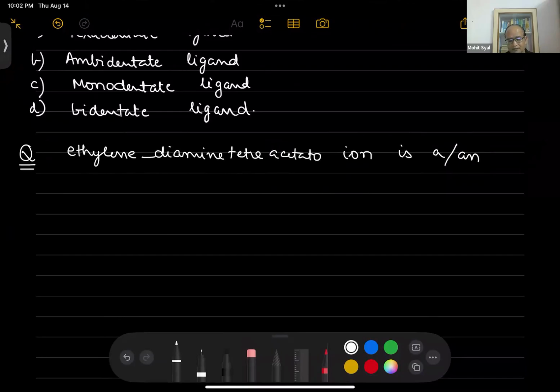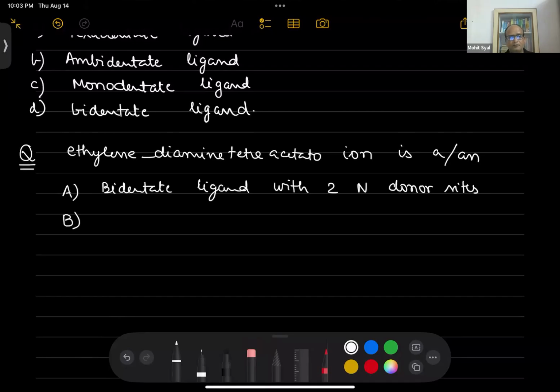So in option A, they have mentioned a bidentate ligand with two N donor sites, nitrogen donor sites. Option B, tridentate ligand with three N donor sites.